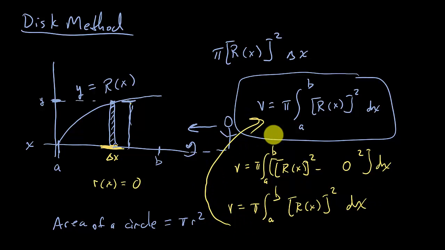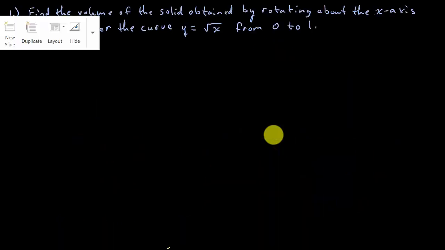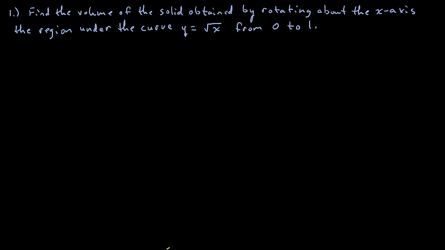Okay, so let's go ahead and look at some examples now that we've gotten into this. I know that was kind of long-winded, but I think it's worth it for you to be able to look at it like that. Let's look at this first example.